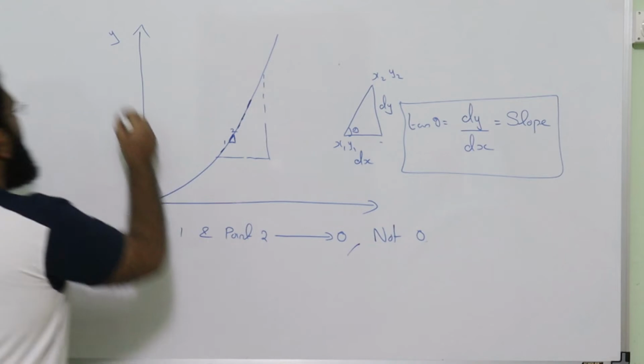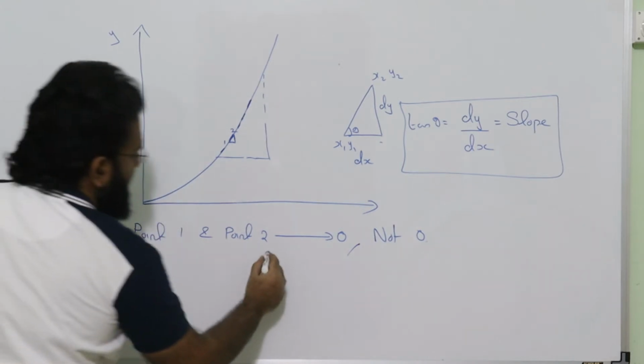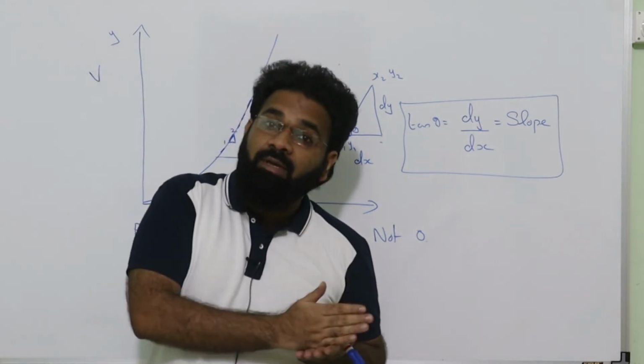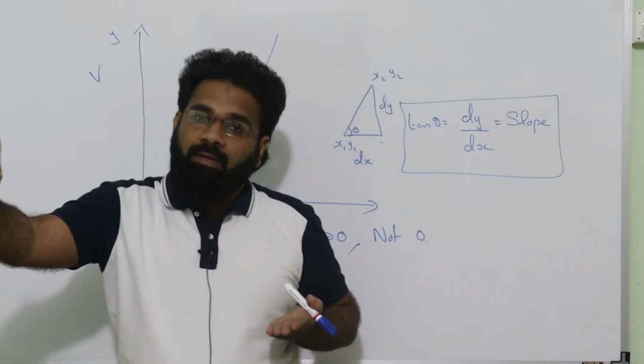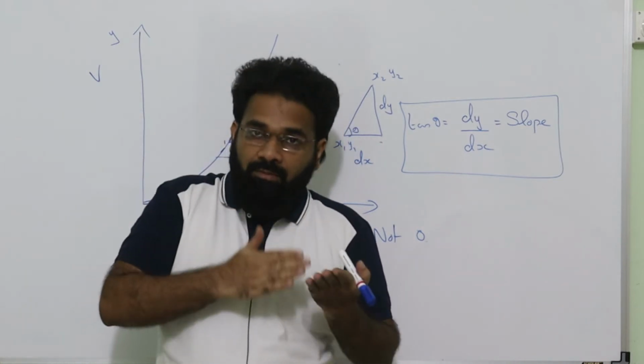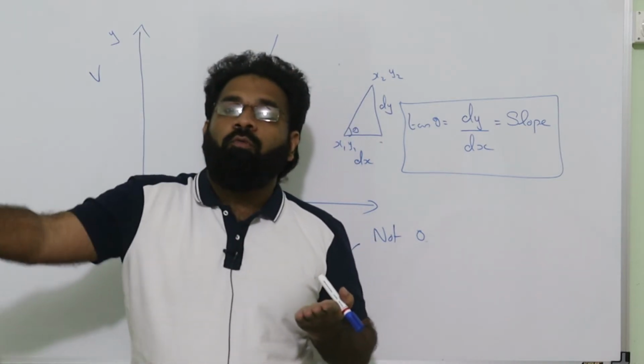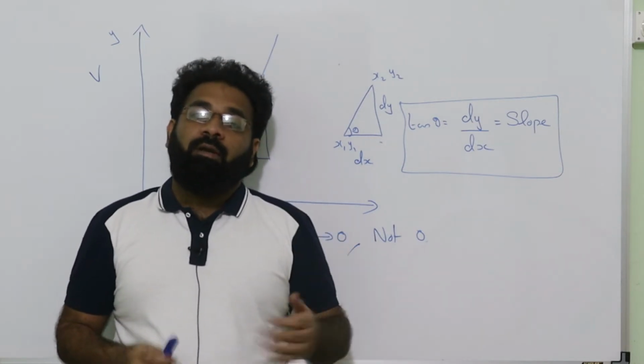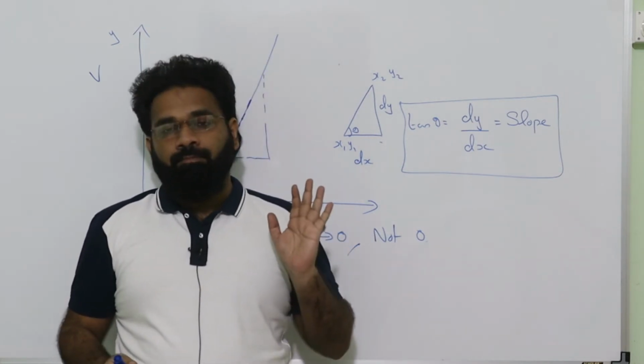Suppose it is a velocity-time graph, and the velocity goes from 3 meters per second to 10 meters per second, from 2 seconds to 3 seconds. Suppose the velocity of a car is 3 meters per second at 2 seconds.